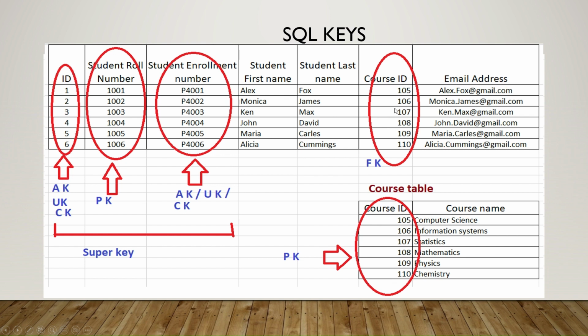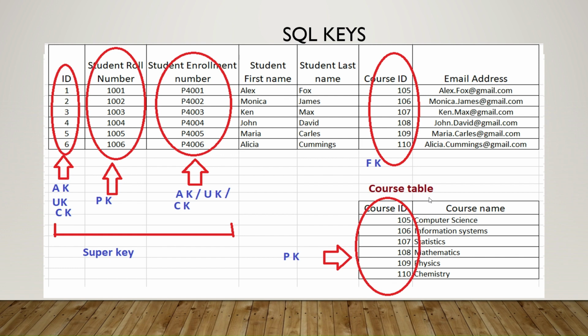Here course id is a foreign key in the student table, and the same course id is a primary key in the course table. So we use the course id to join both the student table and the course table.